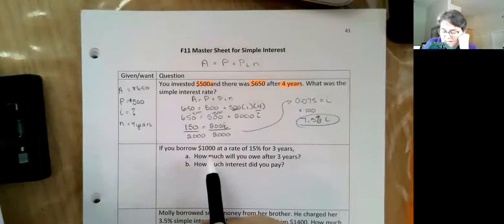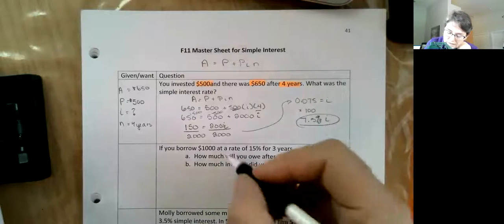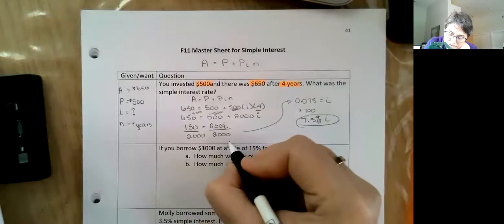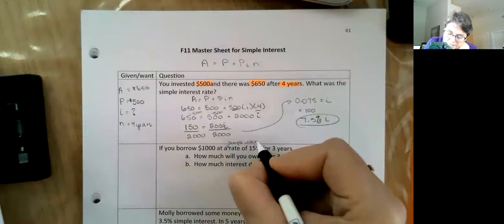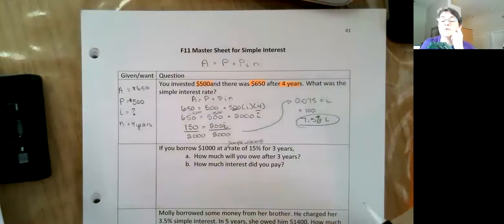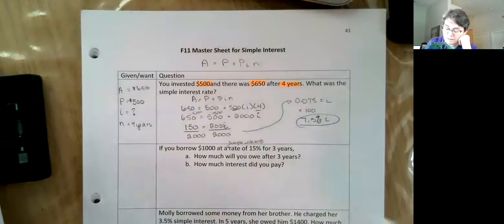If you borrow $1,000 at a simple interest rate of 15% for 3 years, how much will you owe after 3 years? Again, this becomes more important when we start doing compound interest, where there are other options.